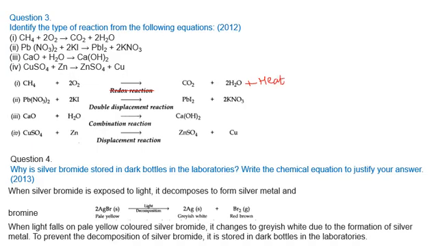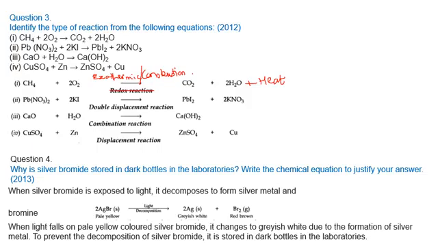It can be mentioned in the question, and because of this, we can call it an exothermic reaction, or we can call it a combustion reaction. Okay, because in all combustion reactions heat is produced. So exothermic reaction or combustion reaction.